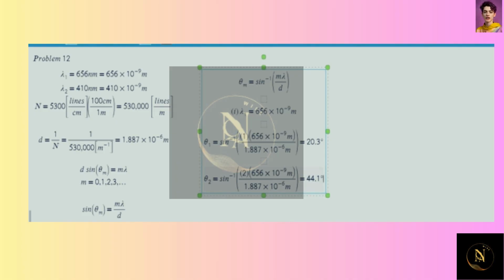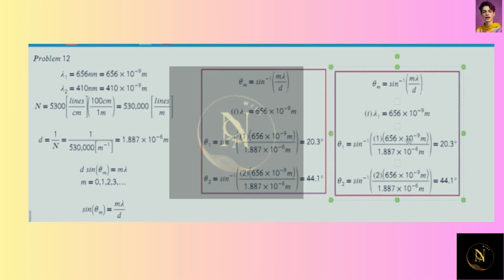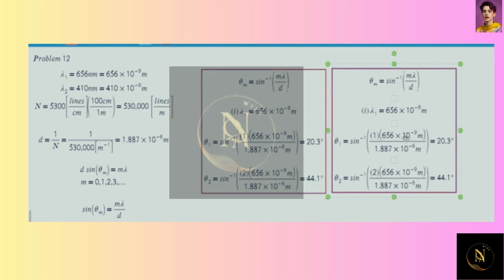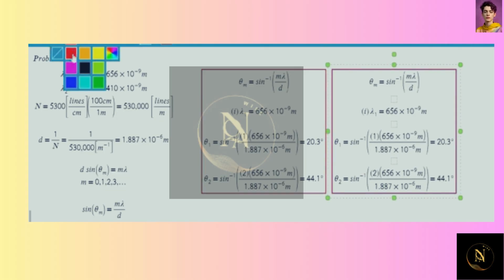We're going to do this again for lambda 2. So it's going to be the same exact calculation, just lambda is going to change. So let's go ahead and just copy this, and let's go ahead and change the lambda. So now we have lambda 2.